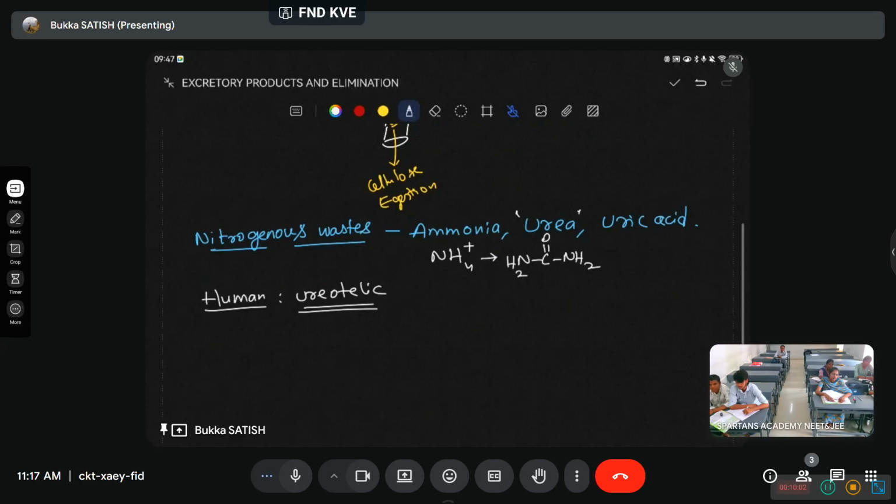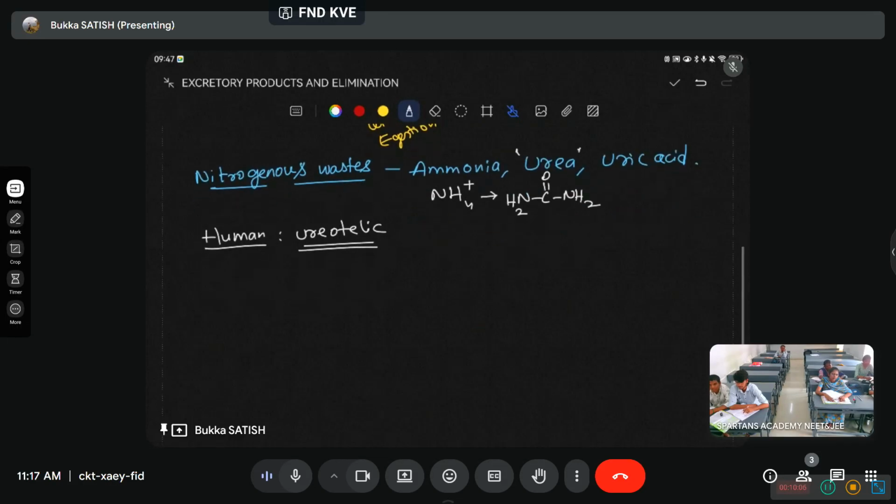We are ureotelic animals because we are excreting mainly urea. What actually happens here in cells? I mean, all cells. You take any cell, ammonium is produced. Where this ammonium is produced means there are many nitrogen compounds that we are actually metabolizing. That can be proteins, that can be nucleic acids, any of this.